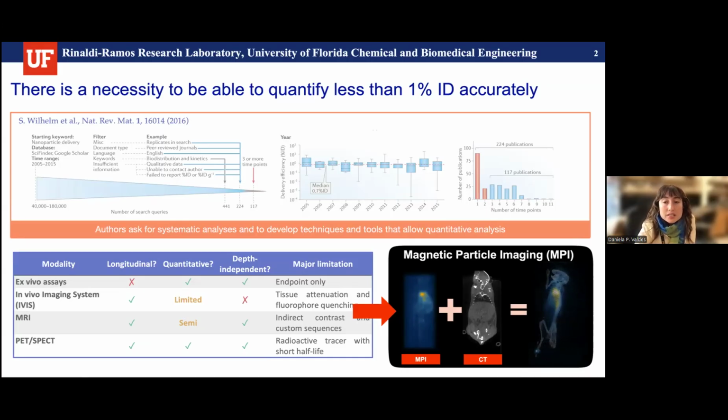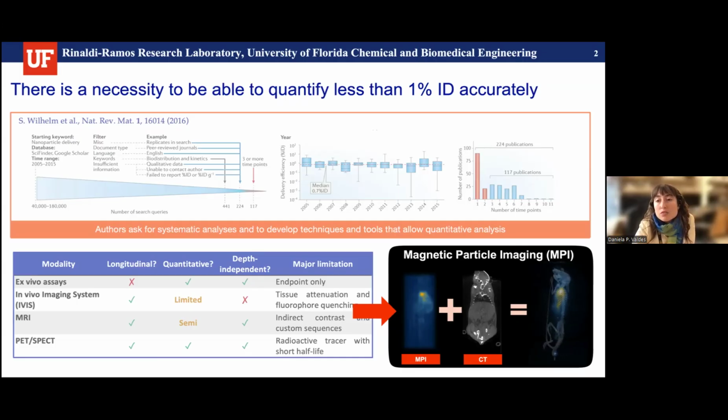So this means that as a magnetic particle, it's just capturing the signal from the magnetic moment in an alternating magnetic field. We're going to have no problems with the tissue attenuation, no problems with the depth. We can do longitudinal studies, we can do in vivo, but we need an anatomical technique to be able to know where the signals come from.